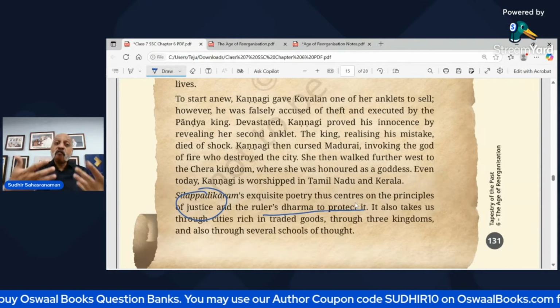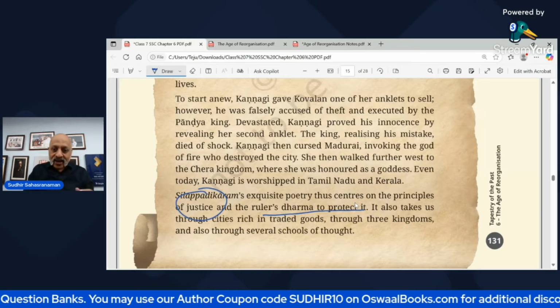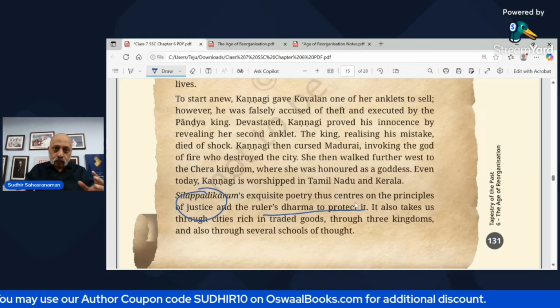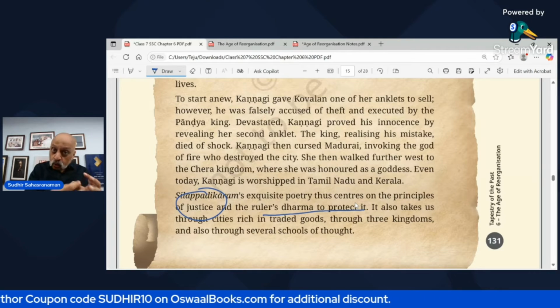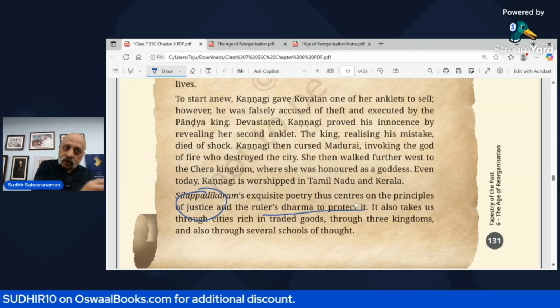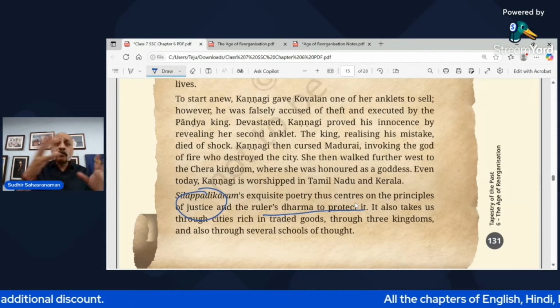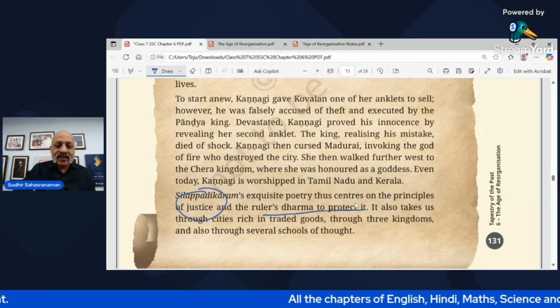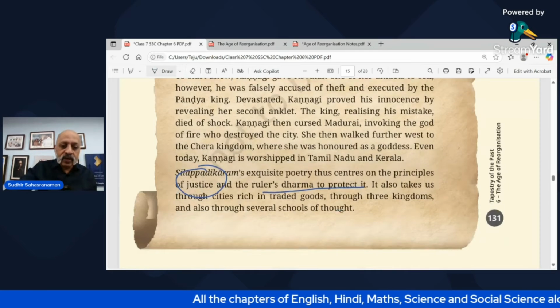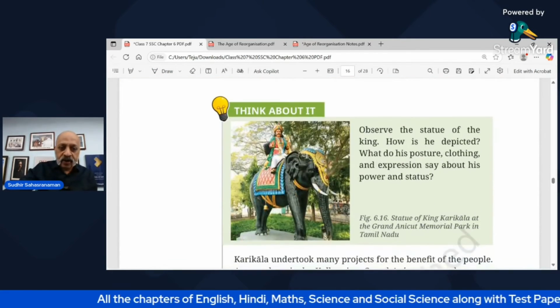In this case, he failed to uphold it. And the entire poetry also takes us through different cities which were doing trade, through different kingdoms and different schools of thought. So that's why this entire story of Kannagi and Kovalan is extremely important, right?